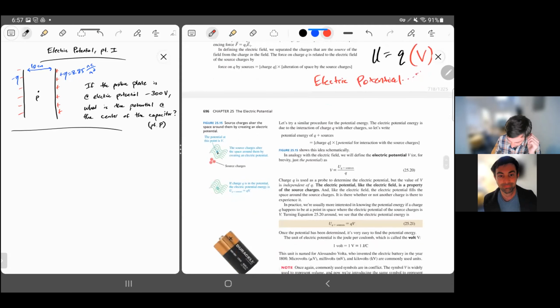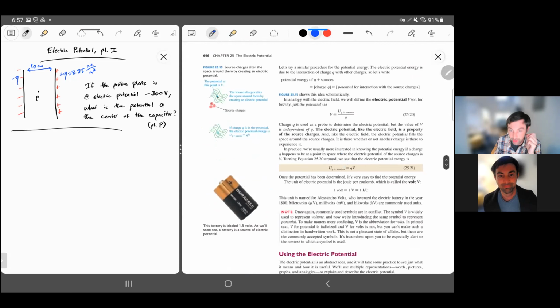A lot of times, the way we use it is that a charge will move from one point to another. And remember, what's relevant is changes in potential energy. The actual potential itself doesn't really mean all that much. But the change in potential energy is Q, whatever charge is moving, times the change in electric potential that it experiences. And this is the thing that's physical.